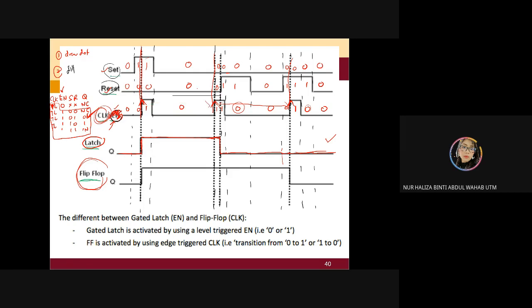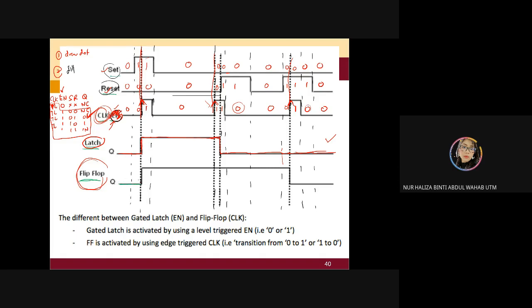Okay, we go for our output. Now I'm going to change my color. Here, first thing, let's say the initial value is 0. I need to directly ignore everything until I meet my positive clock.